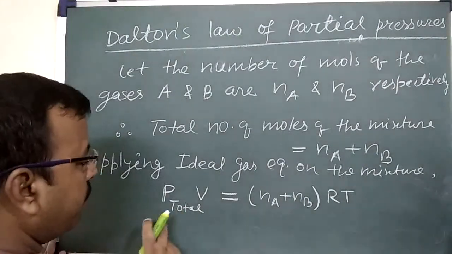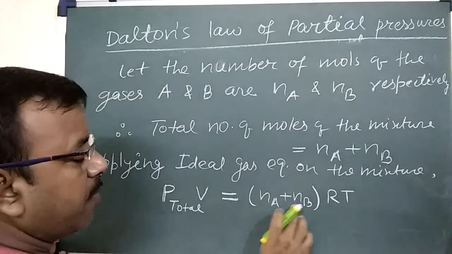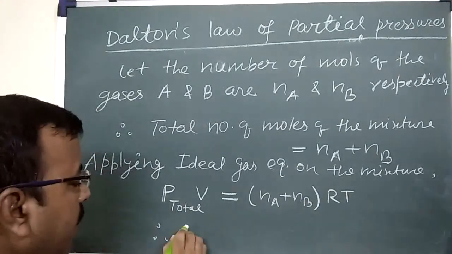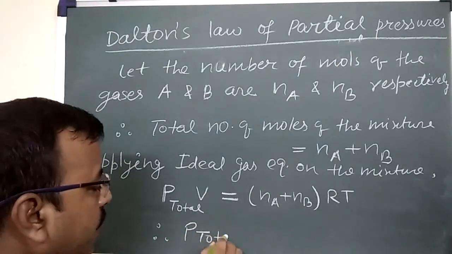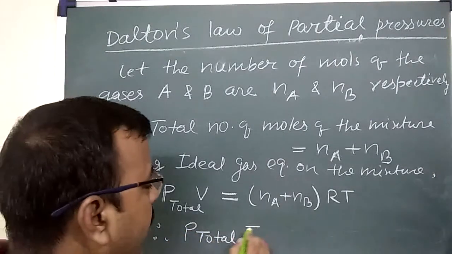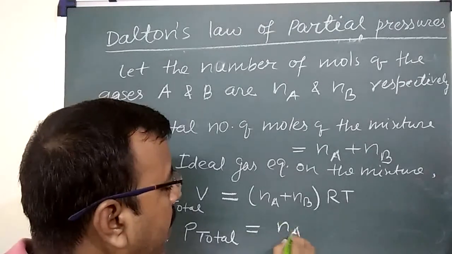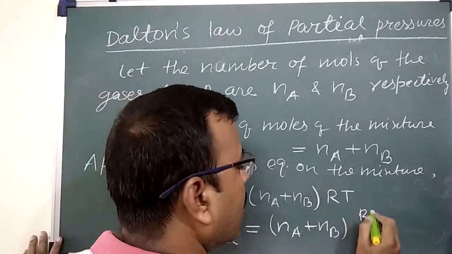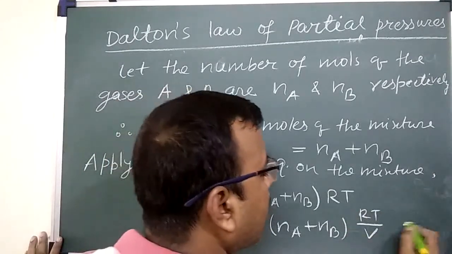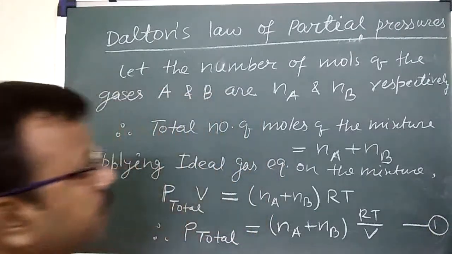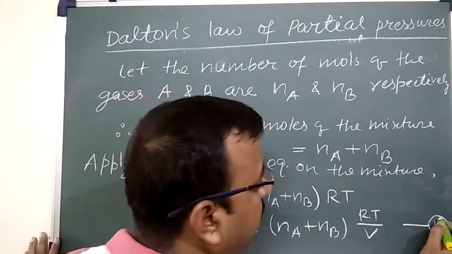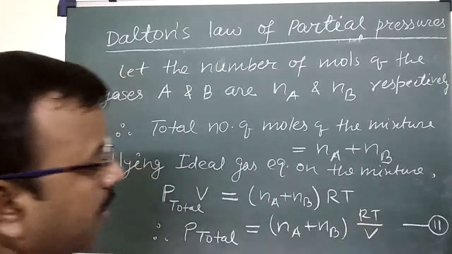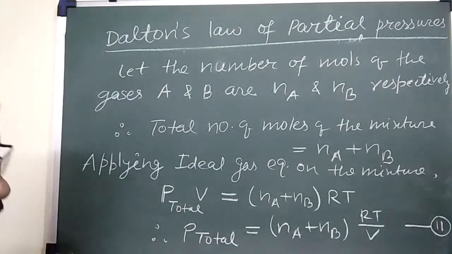So PV is equal to (Na plus Nb) RT. So we can calculate P total is equal to (Na plus Nb) RT by V. This is equation 1. Equation 1 we have written earlier. This is equation 2: P total is equal to (Na plus Nb) into RT by V.